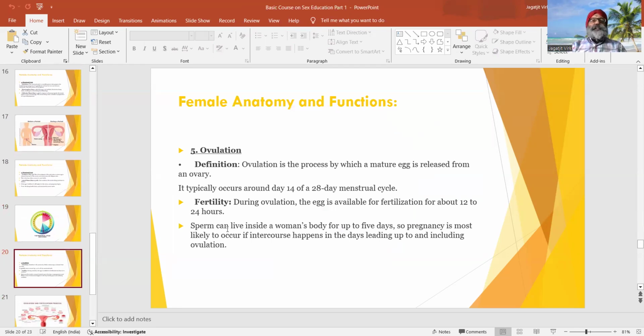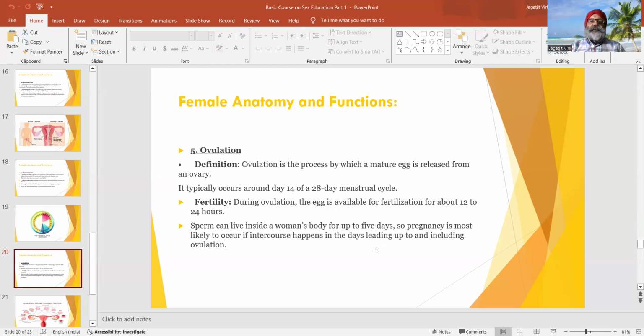Ovulation. Ovulation is the process by which a mature egg is released from an ovary. It typically occurs around day 14 of a 28-day menstrual cycle. Fertility. During ovulation, the egg is available for fertilization for about 12 to 24 hours. Sperm can live inside a woman's body for up to 5 days.